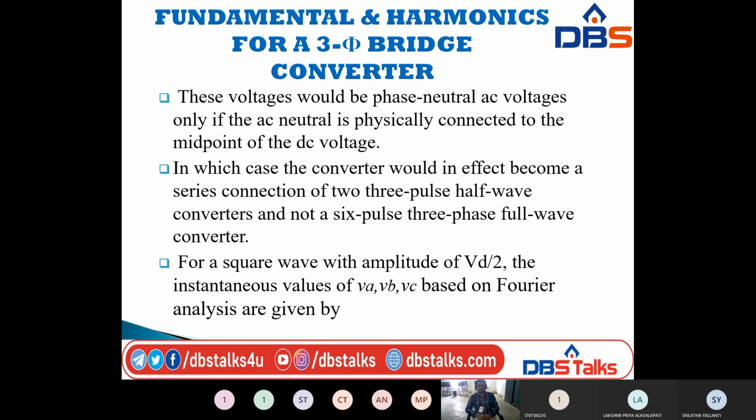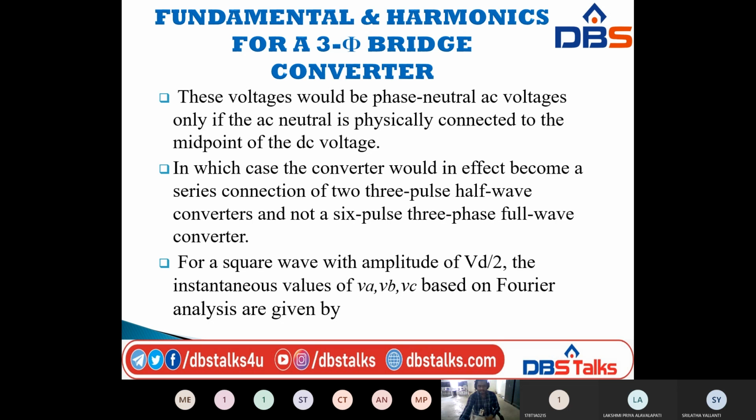Okay, here I am taking a square wave with amplitude of Vd by 2. For a square wave with amplitude of Vd by 2, the instantaneous values of VA, VB, VC based on Fourier analysis are given by the following.